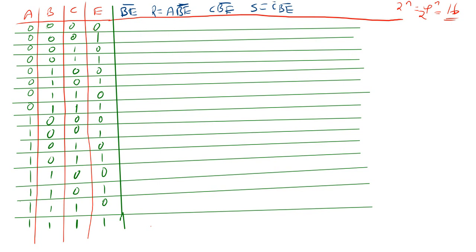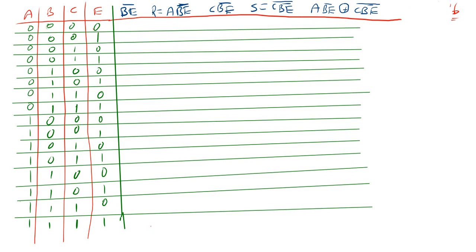Then we have overall complementation. Then I will have the expression that is passing through the XOR gate, which is A, BE, XOR CBE. Then we have the overall complementation. That is, we are XORing R and S.